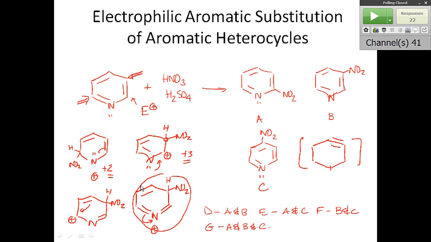And our rationalization for that is that we can get an additional resonance structure if I add to B that I can't get from A or C. And so in that case, we always nitrate meta to the heteroatom, because the intermediate puts a positive charge next to the nitrogen, and next to the nitrogen we get that additional resonance structure.